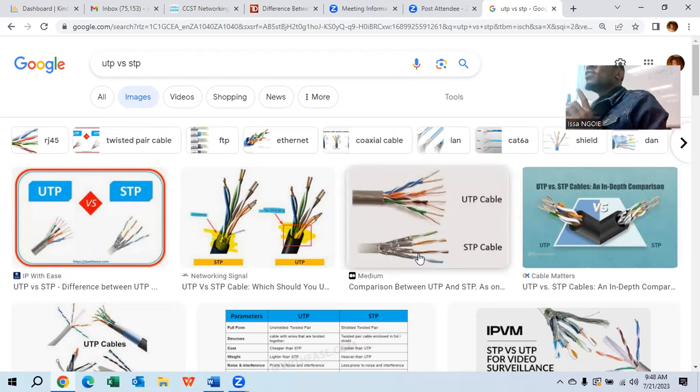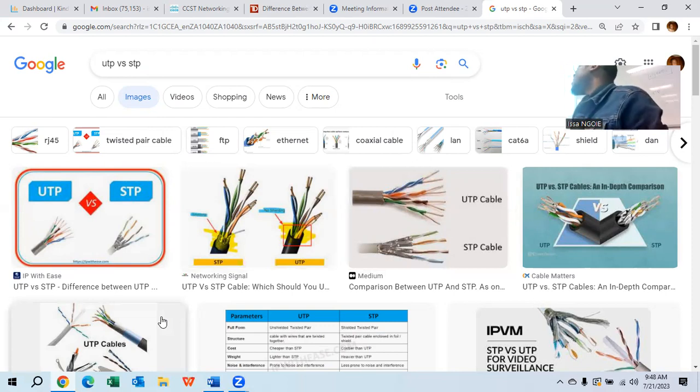You must go for STP when your cables will pass next to the machines, but it's very expensive, right? So you as a specialist, you did your CCNA, you have to know those small things. Those are the building blocks. There are some of the things that you cannot get confused.